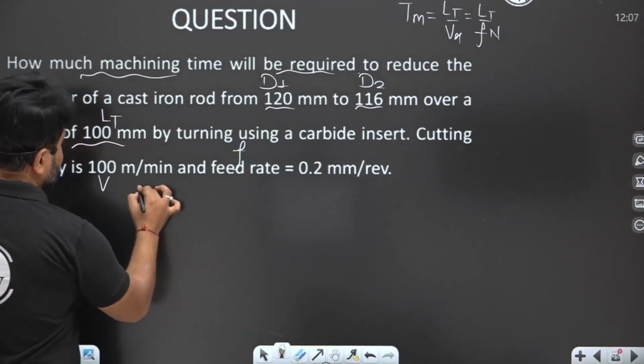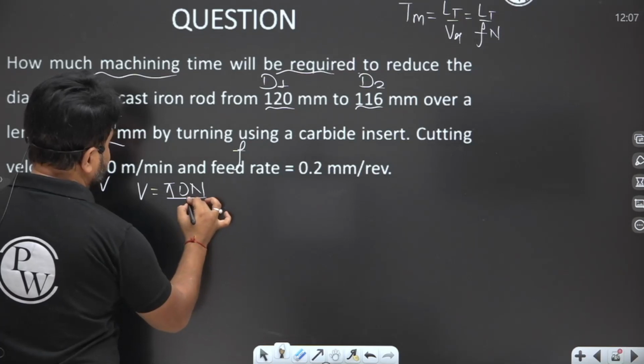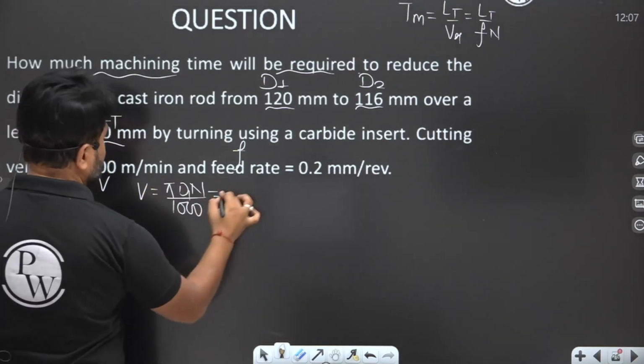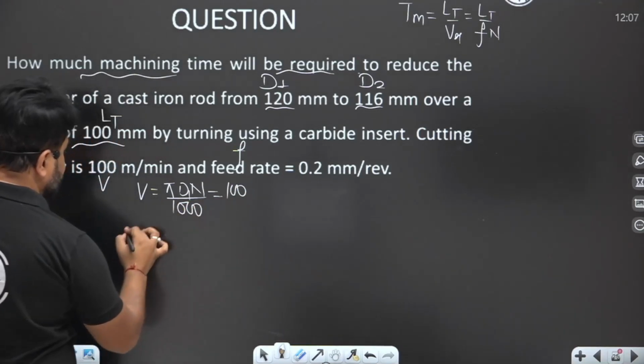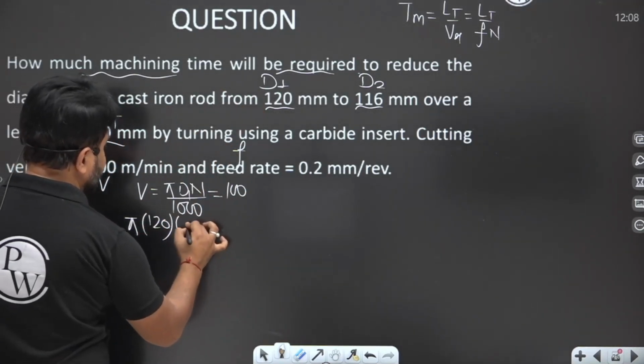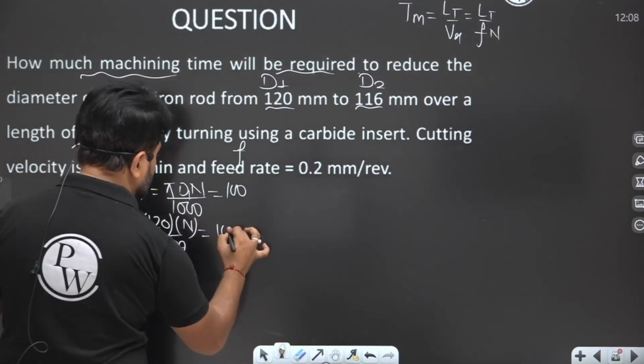So what do we do? We know that the cutting velocity is pi D1 N divided by 1000. V is given to us, that is 100. So pi into D1, that is 120, into N, divided by 1000, equal to 100.